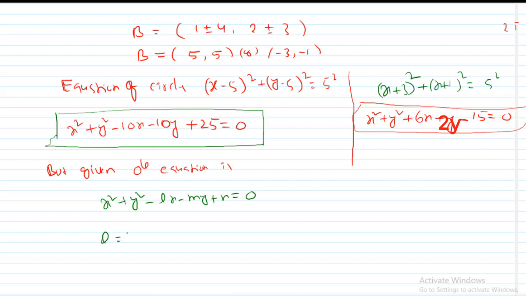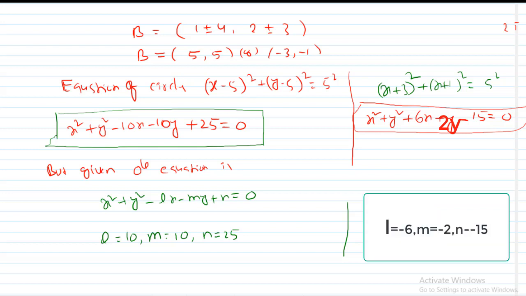For the first circle, l equal to 10, m equal to 10, n equal to 25. For this circle, l equal to minus 6, m equal to minus 2, n equal to minus 15.